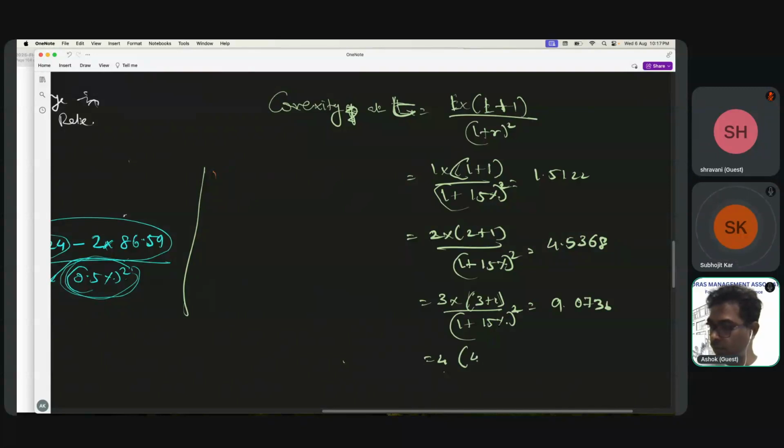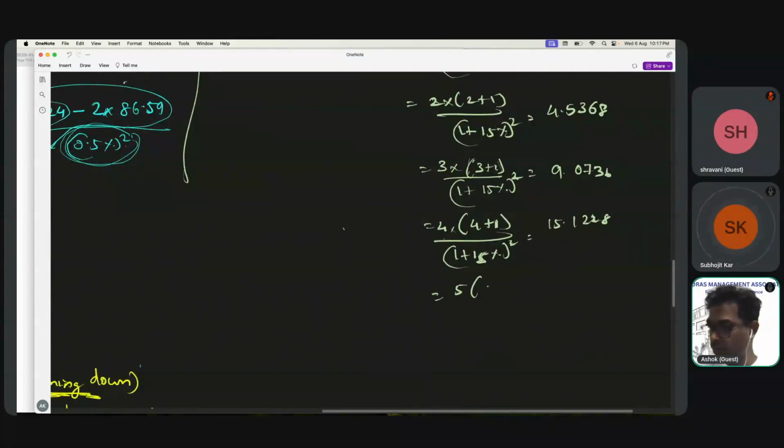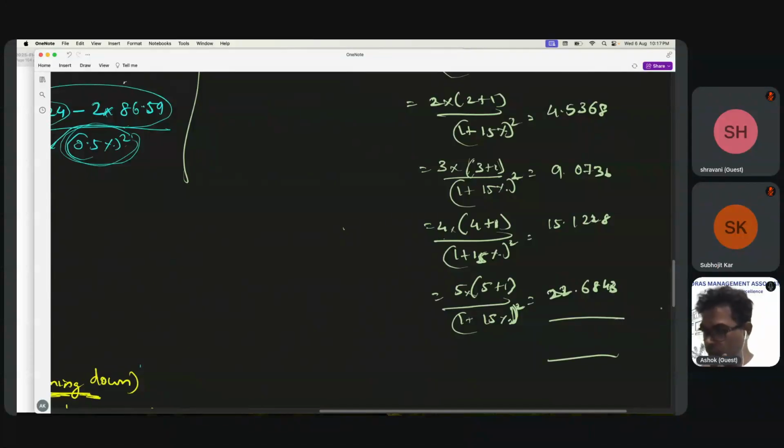Then 4 into 4 plus 1 divided by 1 plus 15 percentage, square. 15.1228. Then the fifth is 22.6843.